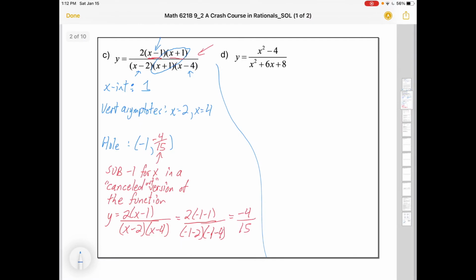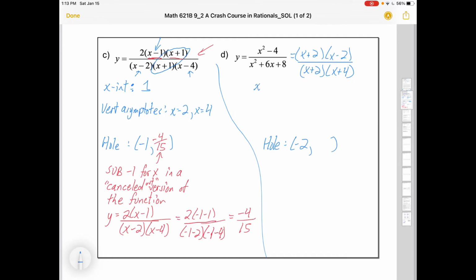So C was nice because it was already factored for us. Of course, if it's not factored for us, we just take that one step ourselves. We say, okay, I'll factor the top. I'll factor the bottom. There are probably good reasons to look for holes first, because you're looking for things that are factors of both the top and bottom. So there's a hole at negative 2, because x plus 2 is a shared factor of the top and bottom.